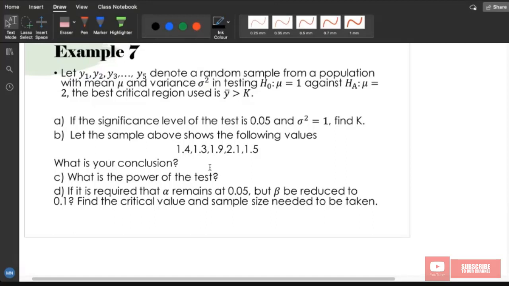So they already give us y bar more than k as the best critical region, right? Now, if the significance level is set to be 0.05 and sigma square is equal to 1, find the value of k. This is very simple. So you have 5 minutes to complete example number 7A.